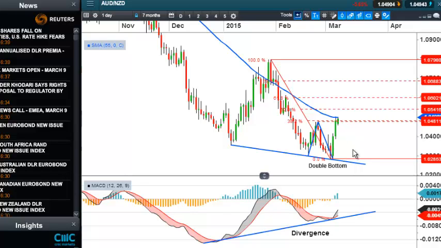Another sign of possible trend change is the MACD itself. We can see that the MACD, which is the black line, has now crossed above its moving average, which is the signal line, and that's the classic MACD buy setup. That's also indicated by these histograms moving above zero.